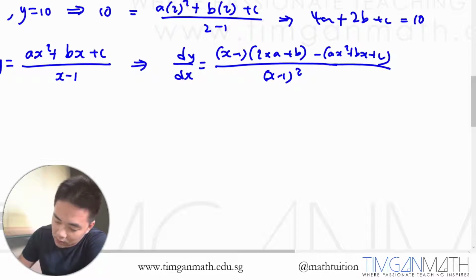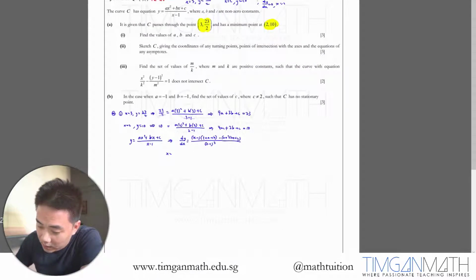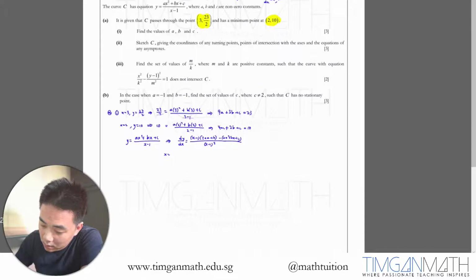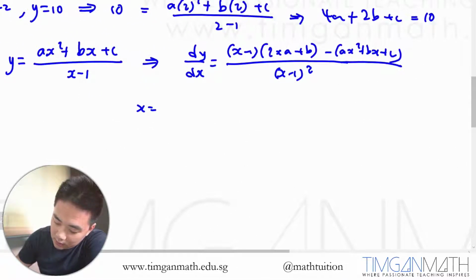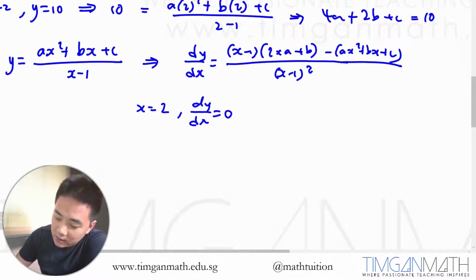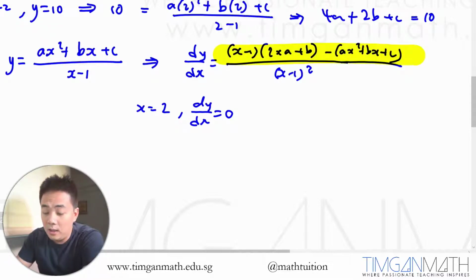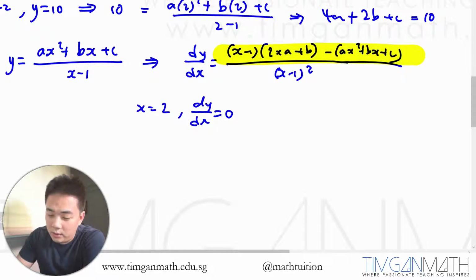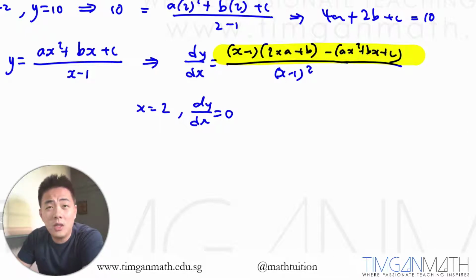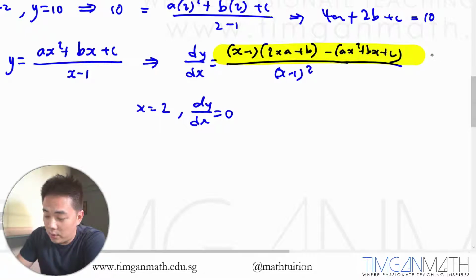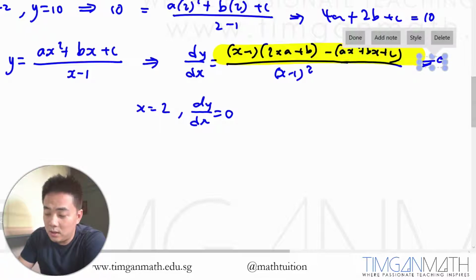So this is all right. When x equals 2, dy/dx is 0. dy/dx is 0 means the numerator is 0. You don't need to worry about the denominator because the denominator will never be 0. Just the numerator will be 0.